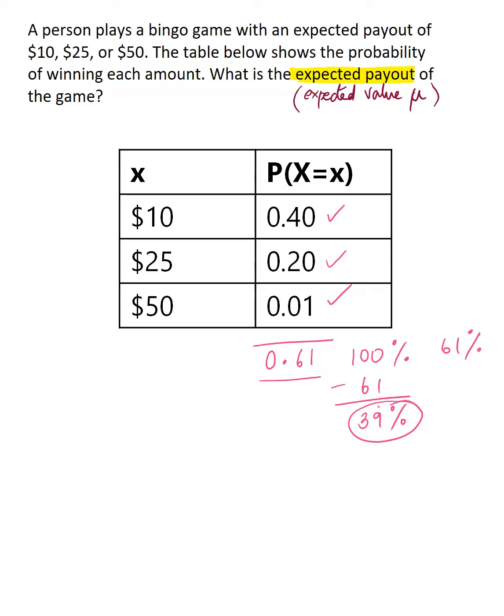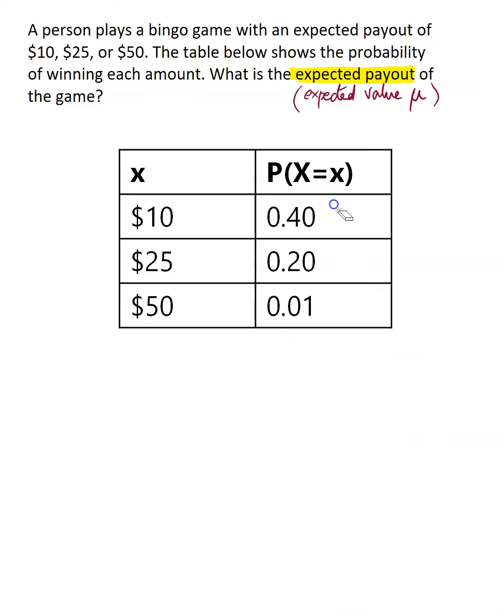Because this is a bingo game, for this to be a probability density function, you need one more row that says the expected payout is actually $0, for which the corresponding probability would be 0.39. The chance of earning $0 is 0.39.